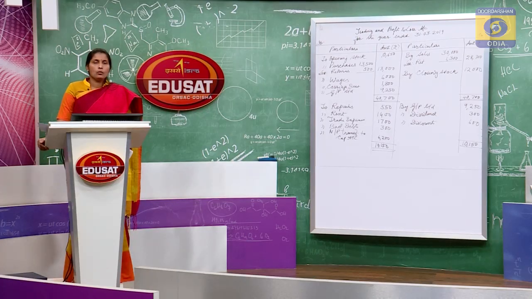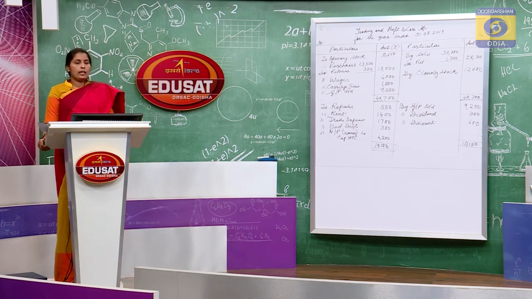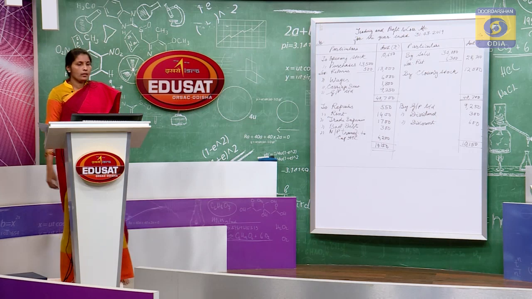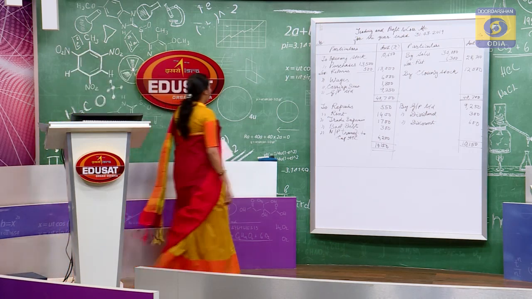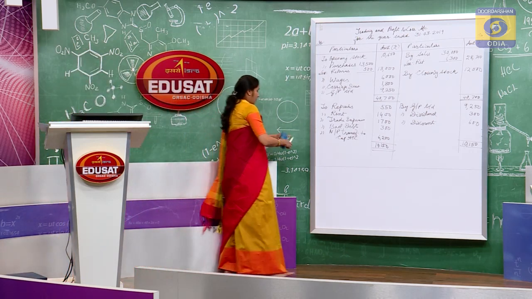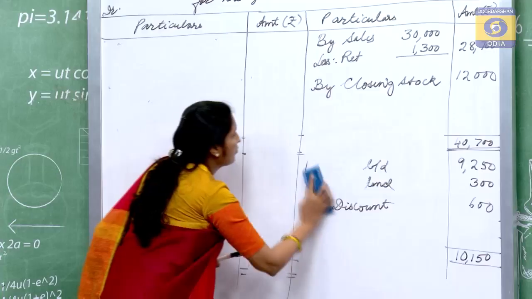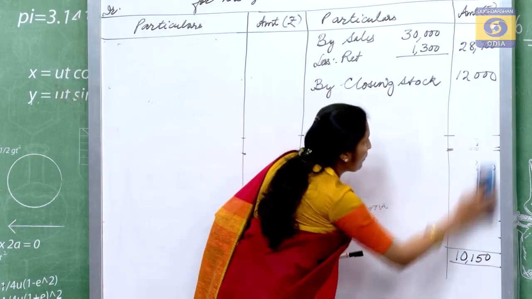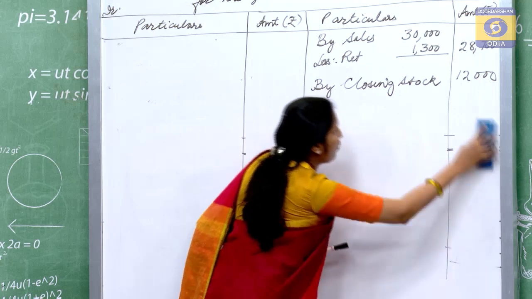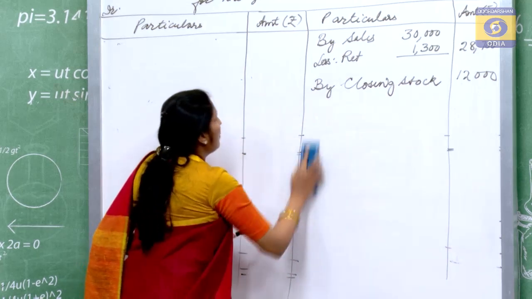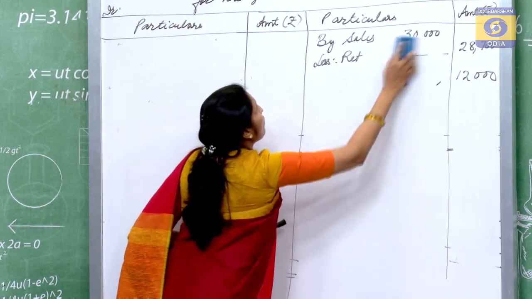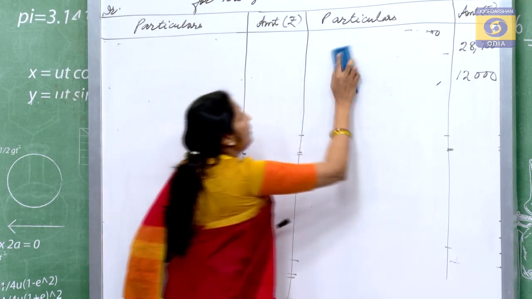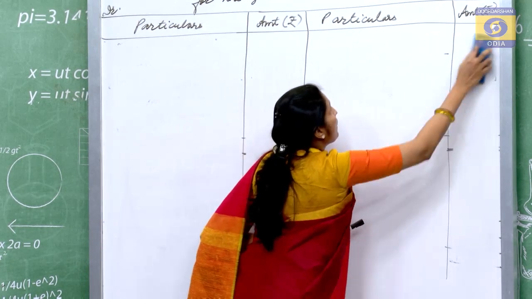Okay, so let's now take a look at how the balance sheet will be prepared. We have got a net profit of 6,200. So let's take a look at how the balance sheet is prepared. And all of you remember the format of the balance sheet. I had already just taught you how the format of a balance sheet is prepared. So we'll prepare the balance sheet.